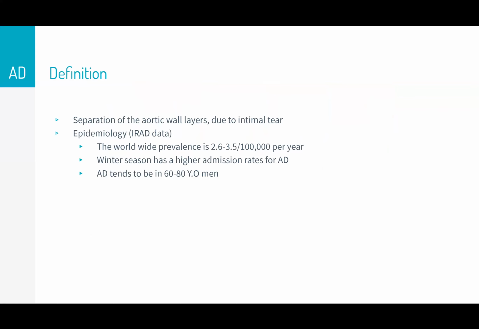And the epidemiology of aortic dissection, the worldwide prevalence is 2.6 to 3.5 per 100,000 patients per year. The peak of admission for the aortic dissection usually happens during the winter seasons. And the aortic dissection usually tends to happen in males who are 60 to 80 year olds.